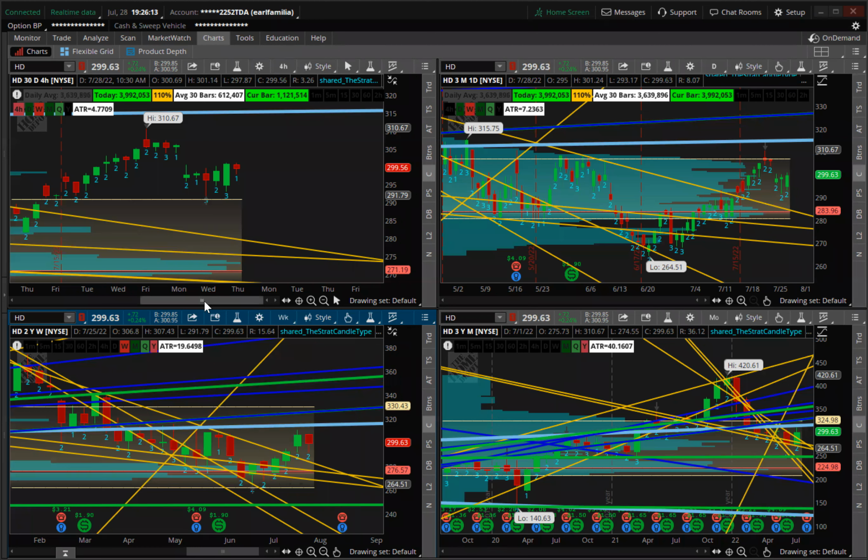But we do have a 2 down week, so we are fighting in conflict. But there is the potential for this one to go 2 up on the day tomorrow. But yeah, looking at the Chicago, entry to the upside would be above 301.14, and to the downside below 297.87. So that's HD. Keep your eye on that one.